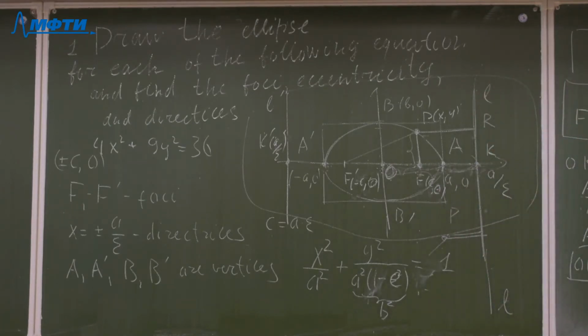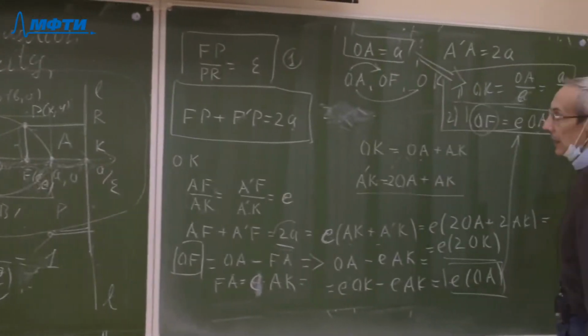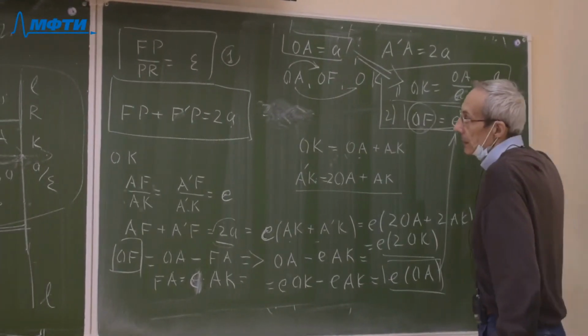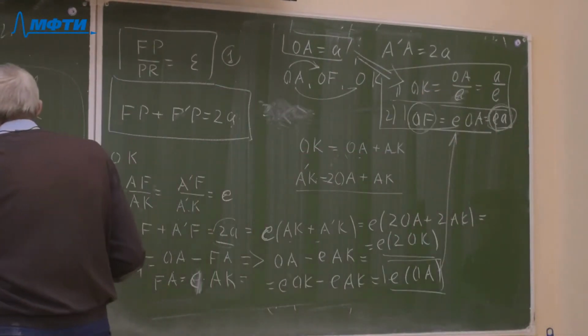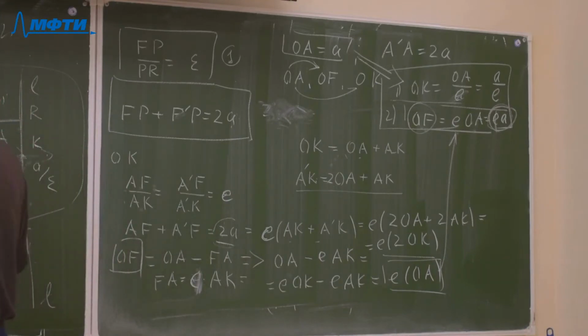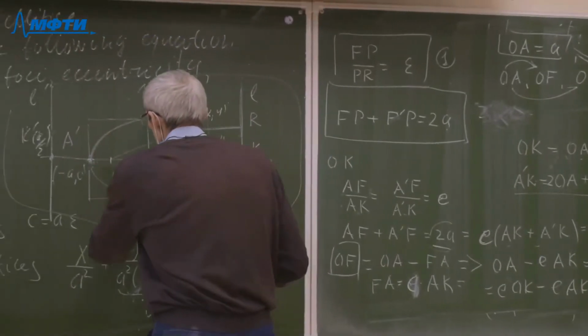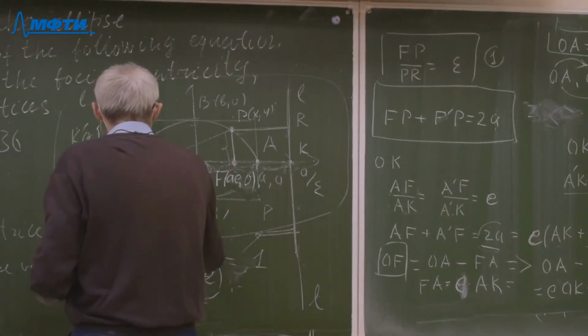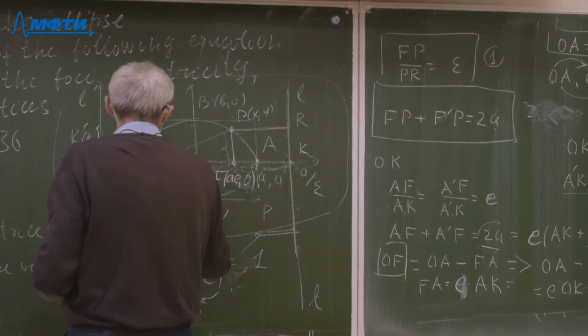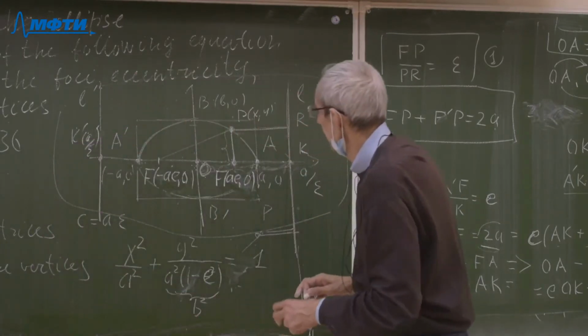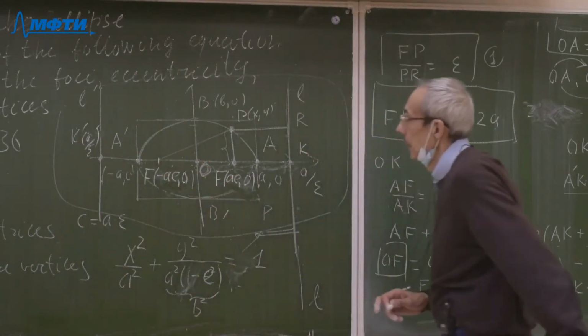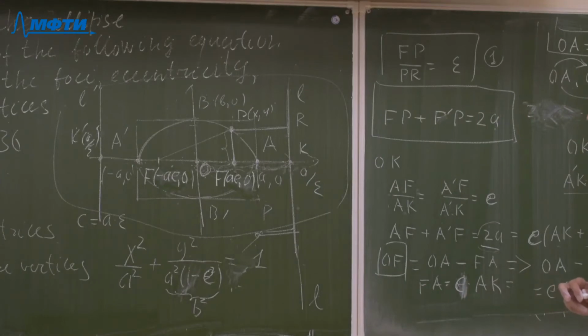C, by definition, is the product of E and A. So F is (EA, 0) and F prime is (minus EA, 0). By definition, these are the coordinates of these 2 points.